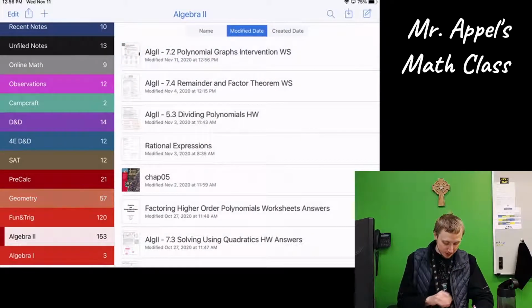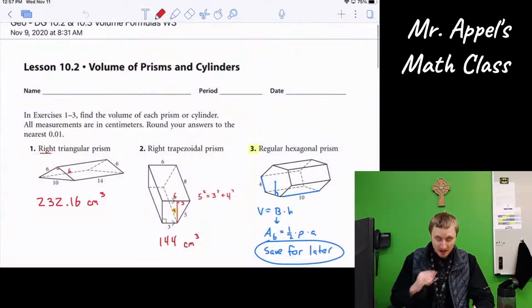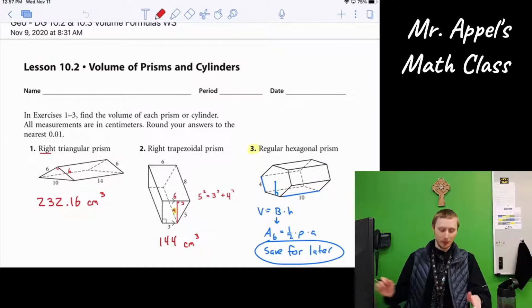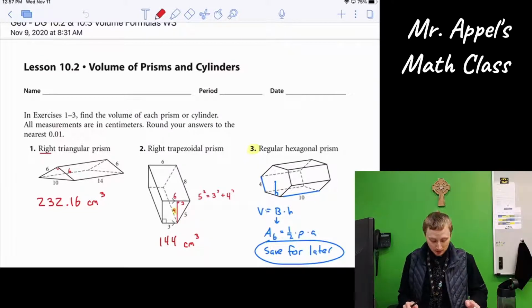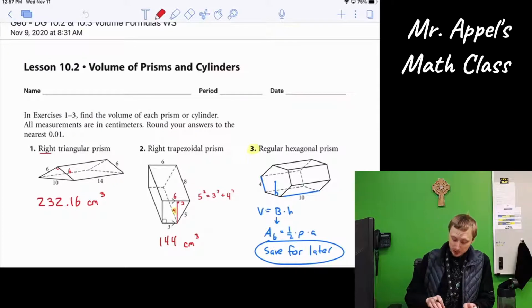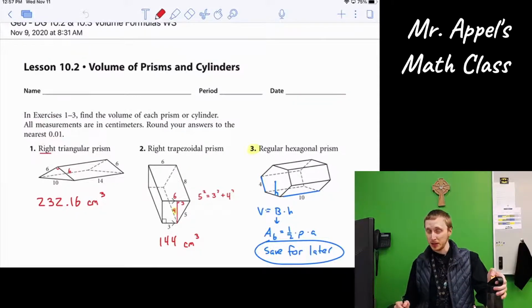What we're going to do first, as we have been, is open up yesterday's work with the volume and compare your answers there to my answers here. And ask away. Now, a few of these turned out to be a little more challenging than maybe you expected.